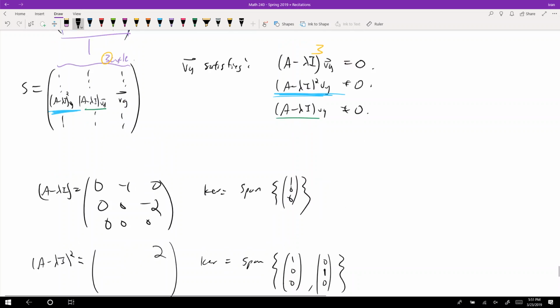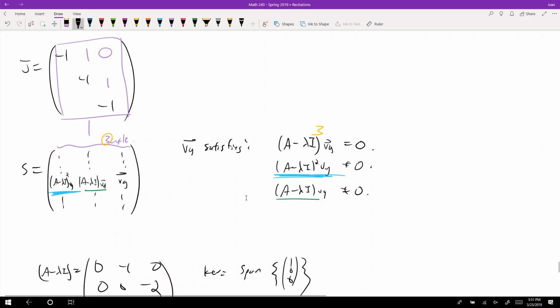Remember, we need to pick VG that satisfies these conditions. Another way to think about it is we have to pick VG that's in the kernel of A minus lambda I cubed, but not in the kernel of any of the other matrices.